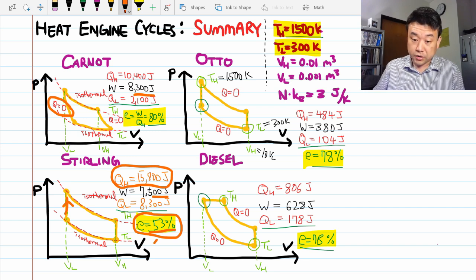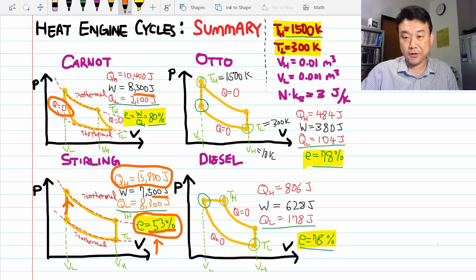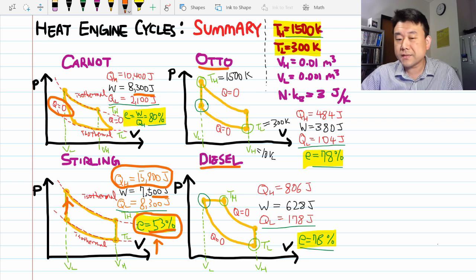Although this number actually is more realistic, except because of the operation of a Stirling engine, it cannot run at 1500 Kelvin. A more likely temperature for a Stirling engine would be something like 700 Kelvin. So with the Otto and diesel cycle, what's more wasteful here compared to the Carnot cycle is that even though this is the highest operating temperature, not all heat input is at this temperature.